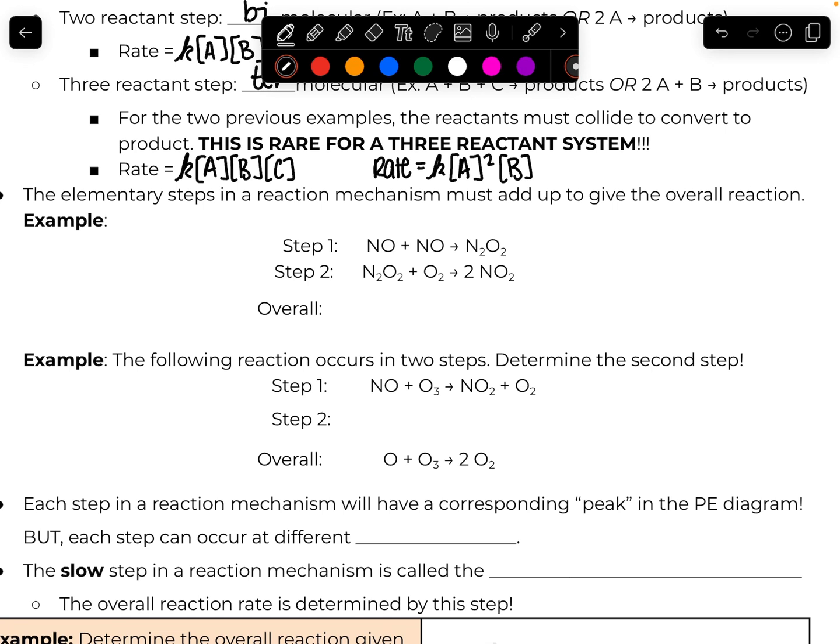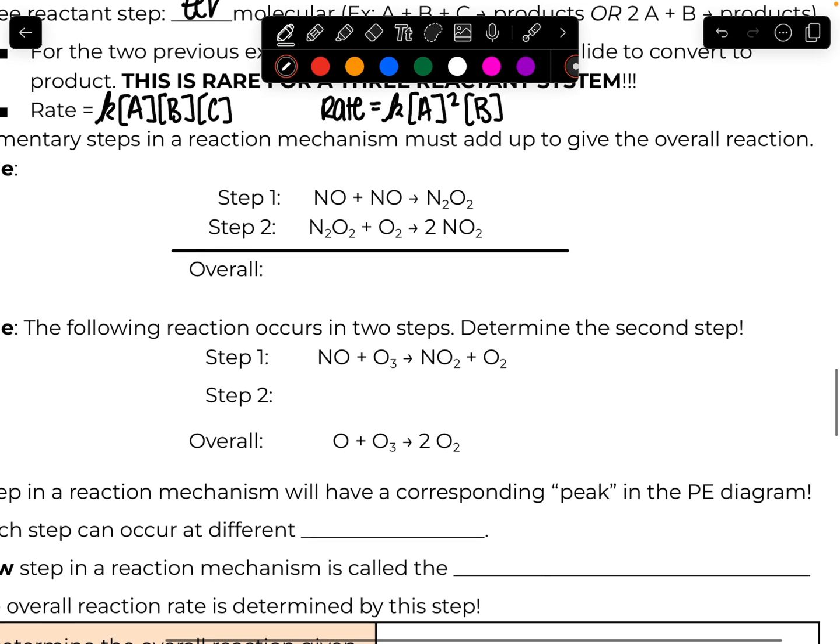So let's take a look at this example here. Let's say that you have this reaction that occurs via a 2-step mechanism. We looked at something similar to this before, like I said, when we did Hess's law. But in this 2-step mechanism, you'll see that we produce this N2O2 molecule, and then immediately in the next step, that N2O2 molecule gets consumed.